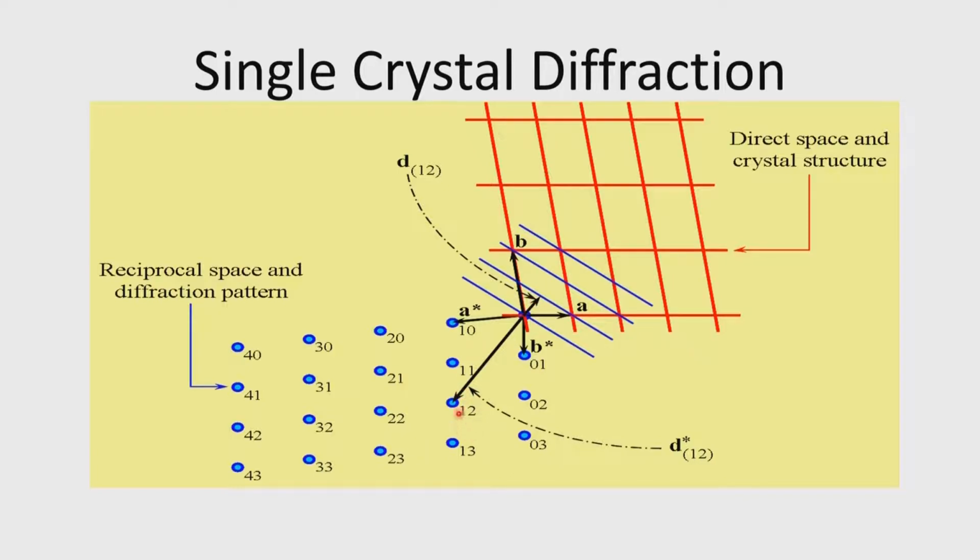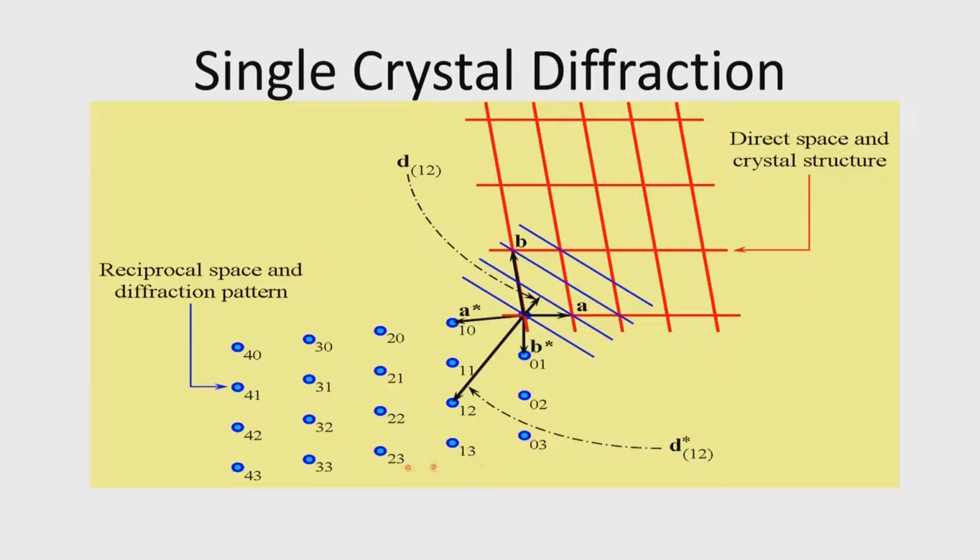So, if we are now looking at a plane D 1 2, the corresponding reciprocal lattice vector, we have to look for 1 2, that is 1 along A and 2 along B. Now, what this represents is the reciprocal point, that is D star 1 2. If this is D 1 2, we represent this as D star 1 2. So, this now defines the diffraction pattern, it also defines the reciprocal space.